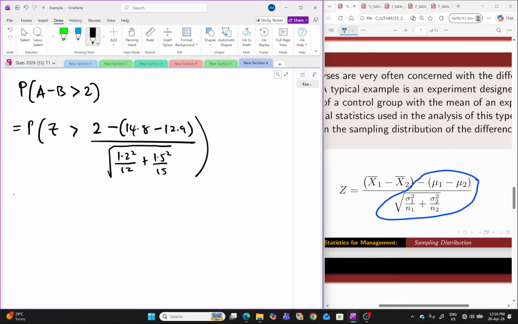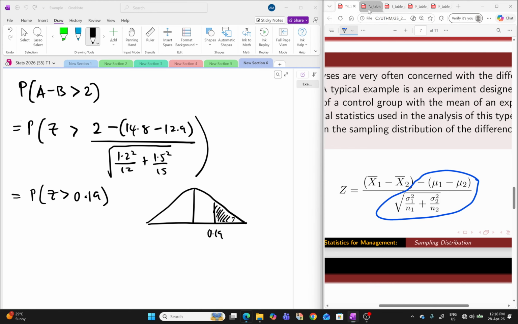What number did you get here? Did you get 0.19? Okay. So this is very easy. It is very easy because it is positive and the arrow goes this side.